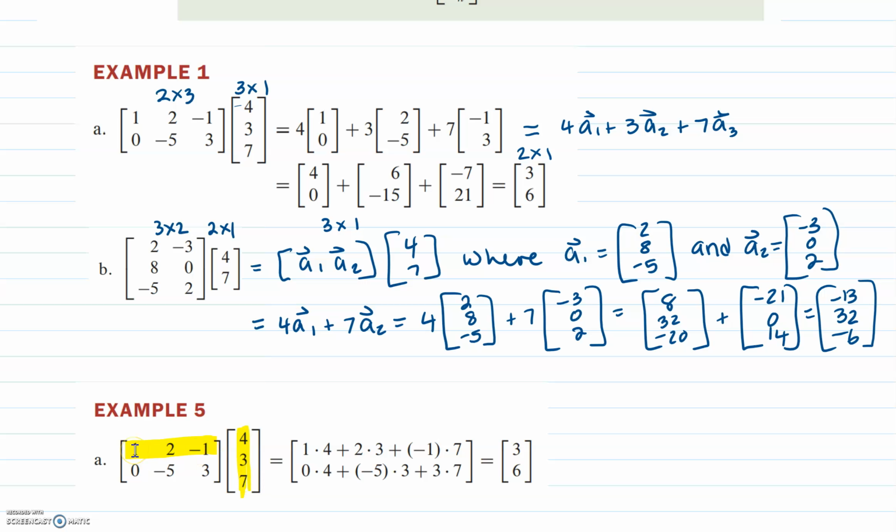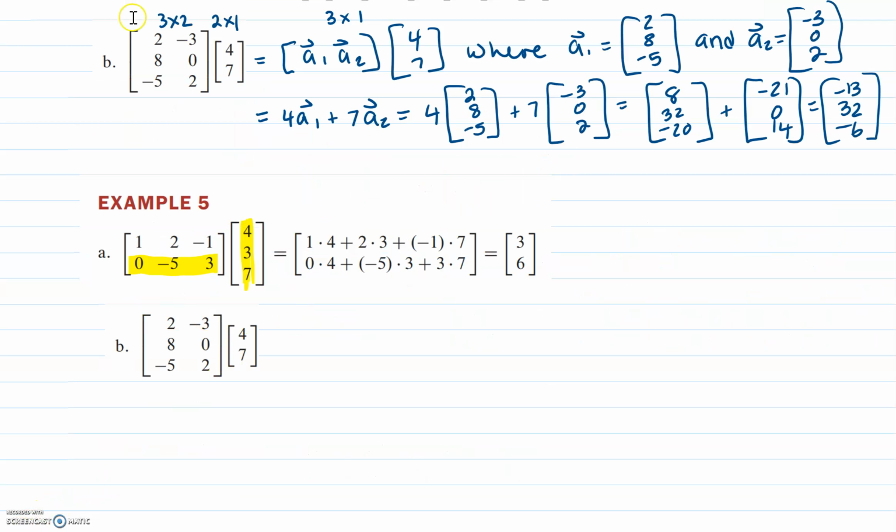Sometimes they call this the dot product of the first row of matrix A with the entries of the vector X. And then to get the next one, they just look at the dot product of the second row of matrix A with the entries of column X. So you get 0 times 4, plus negative 5 times 3, plus 3 times 7. If you figure all these out, you get the same answer that we got here.